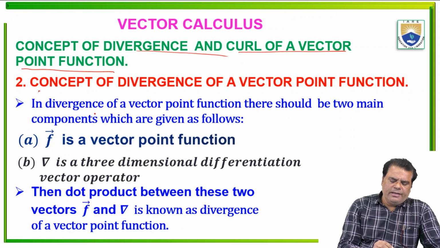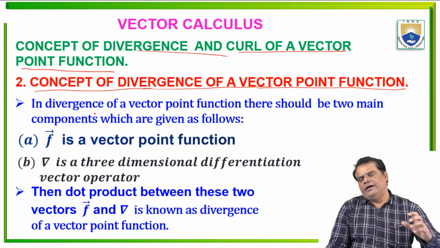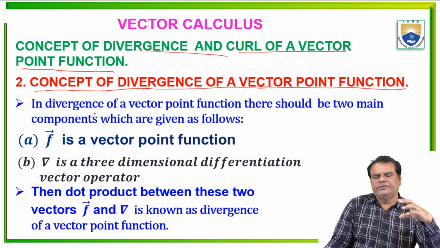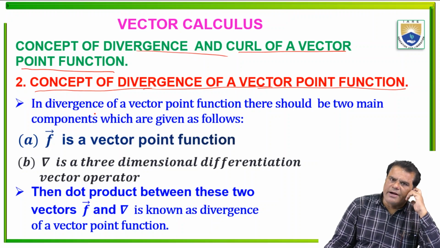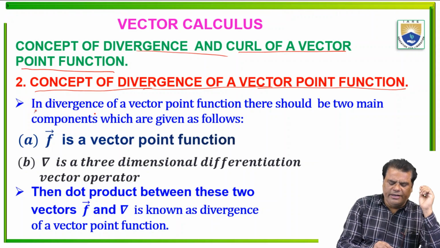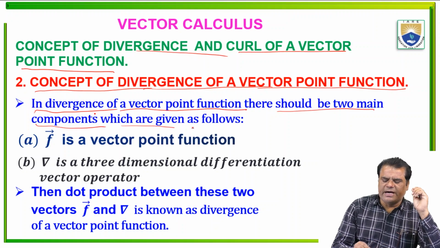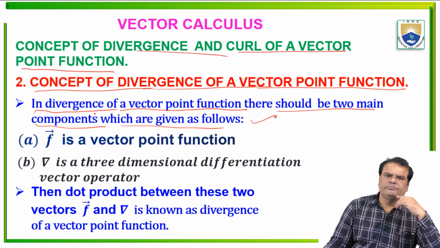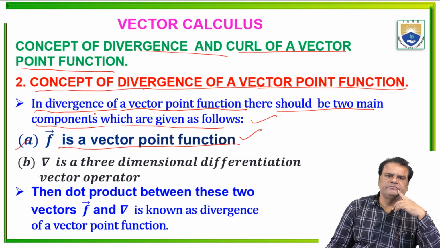Point 2 here, the concept of divergence of a vector point function. Here I am giving some introduction about the divergence of a vector point function. In a divergence of a vector point function, there should be two main components. Number 1, f is a vector point function.